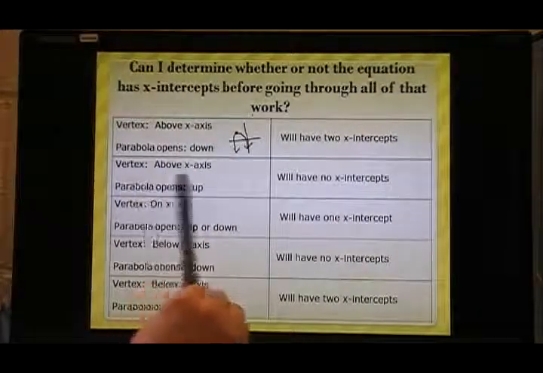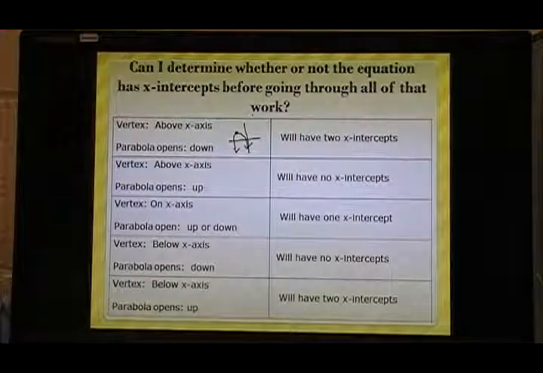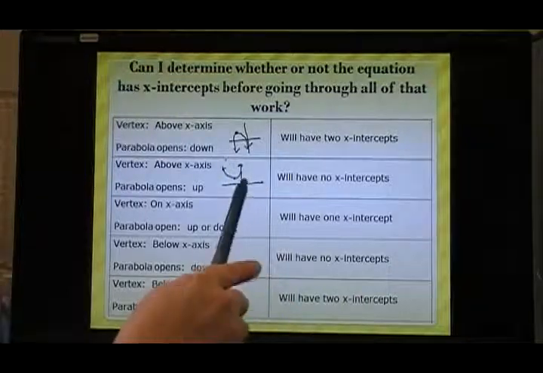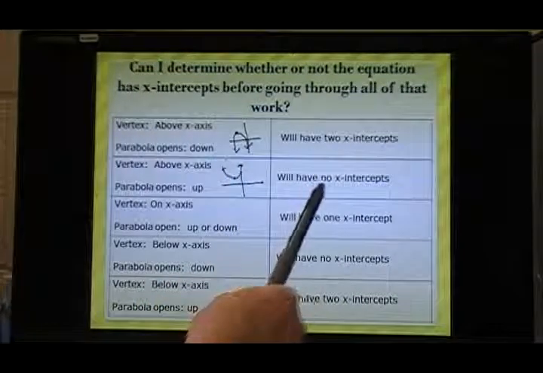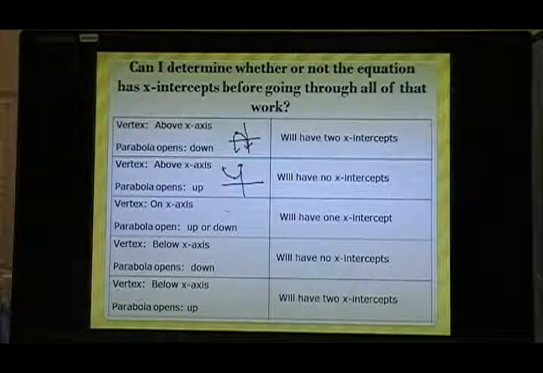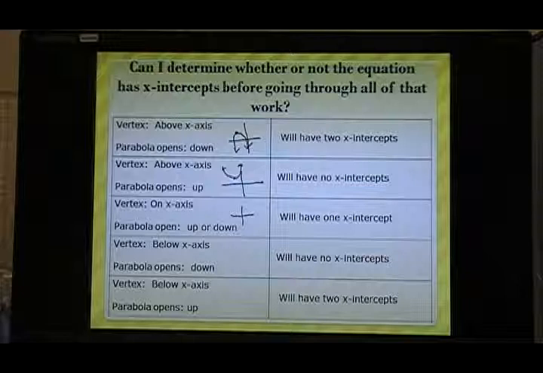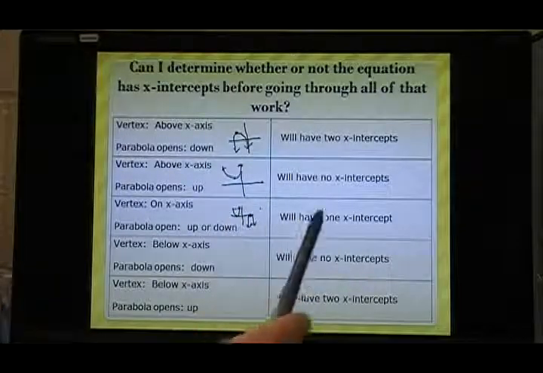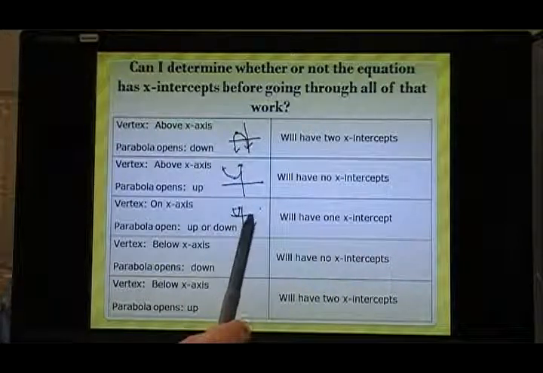If the vertex is above the x-axis but opens up, so same basic scenario, you can see visually that it's not going to cross the x-axis, which means it doesn't have any x-intercepts. If your vertex is on the x-axis and either opens up or opens down, it's only going to have one x-intercept, and the x-intercept is going to be the vertex.